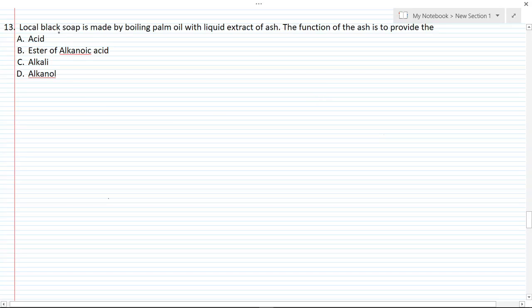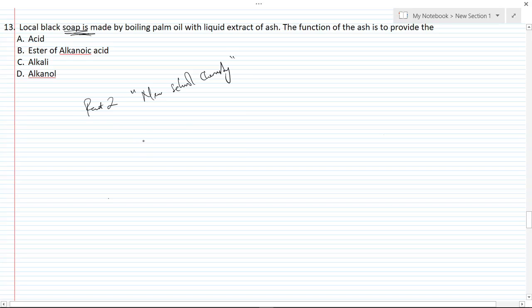So first things first, we have to look at how exactly is soap being made. So in organic chemistry, you'll find this in part 2 of your New School Chemistry textbook.